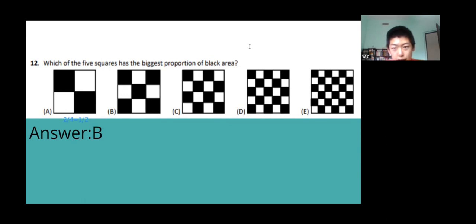And let's make this black. This is 2 out of 4, which equals 1/2. This is 5 out of 9. This is 8 out of 16, which also equals 1/2.